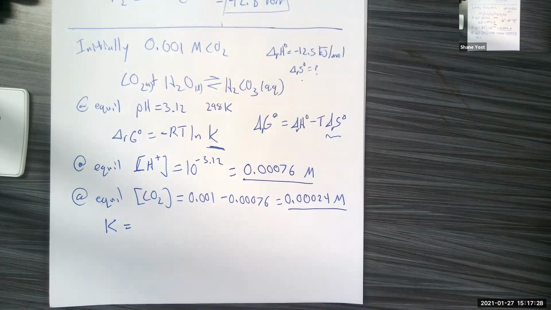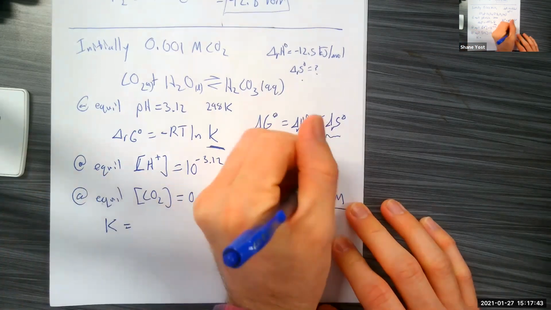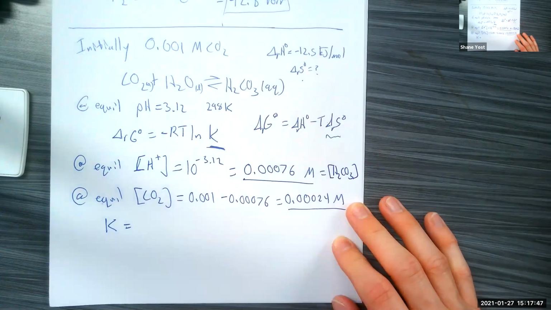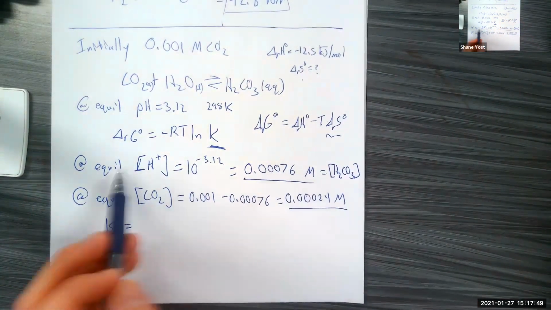I'm ignoring the small contribution from HCO3 minus that may or may not play in determining the pH. I'm just focusing on the fact that H2CO3 is a strong acid, so the concentration of H+ is equal to the concentration of H2CO3. That's the relationship I'm using here.